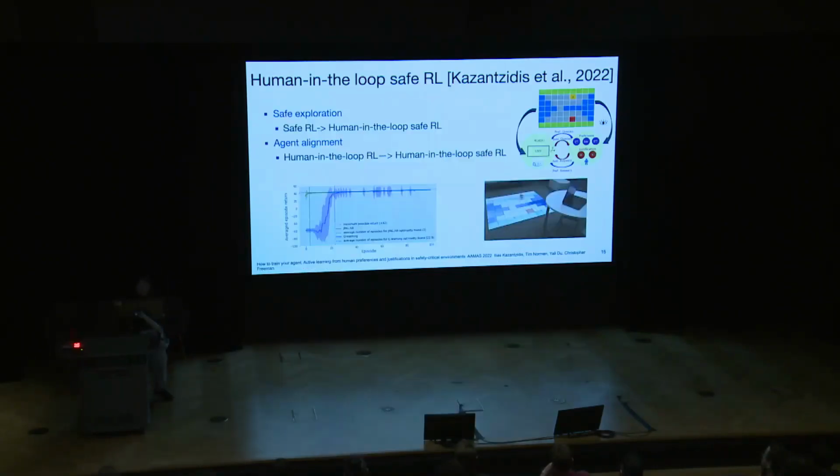Another thing that I would like to briefly mention is human in the loop RLHF. We could use humans to provide feedback on the agent's behavior to correct it to be safer. This is a proof of concept result that we have conducted. We train this robot to navigate to the target location, and there are some dangerous areas like water.